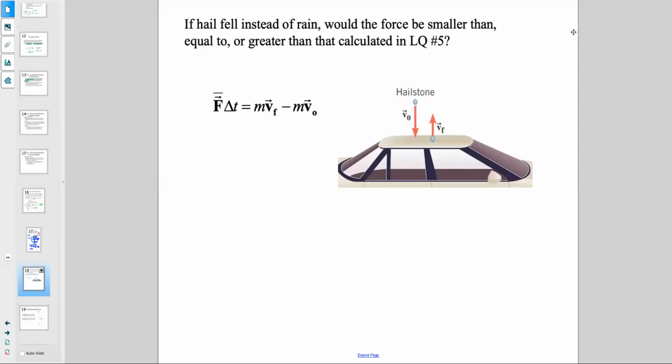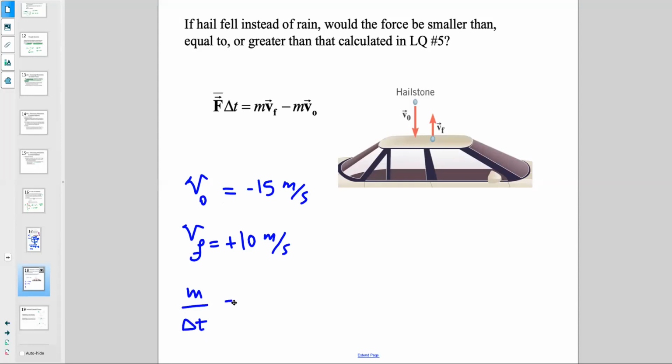In this case, let's write the same thing that we did. And we'll just give a final velocity of some number to do the comparison. Let's say the final velocity is positive 10 meters per second. Initially it was negative 15 meters per second. And let's keep the same rate of falling of 0.06 kilograms per second.